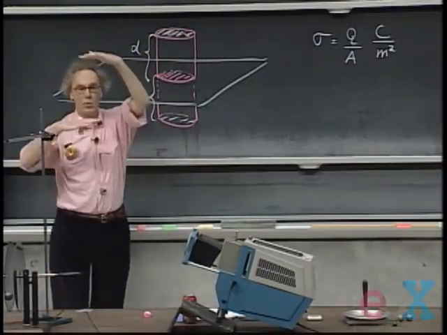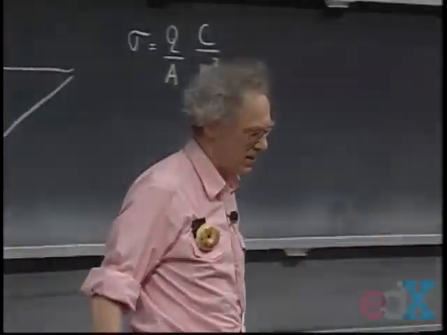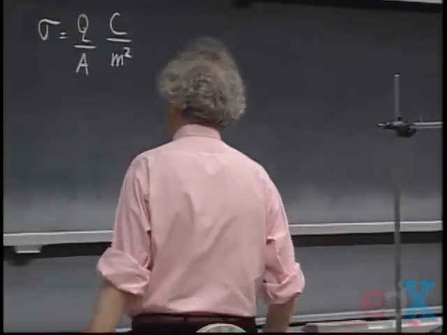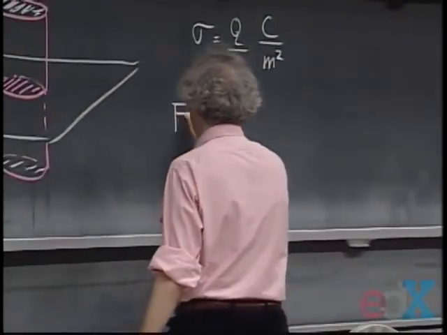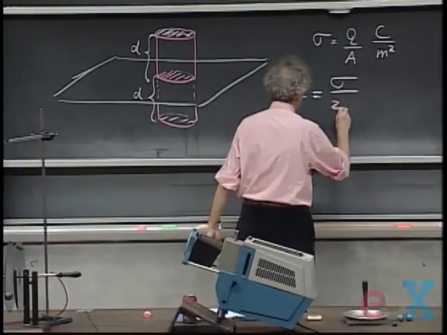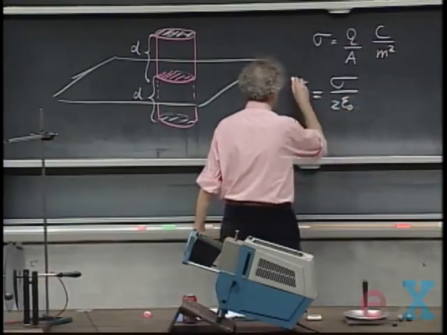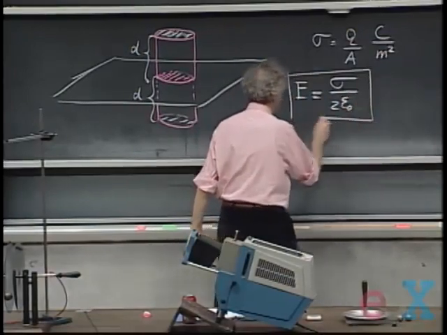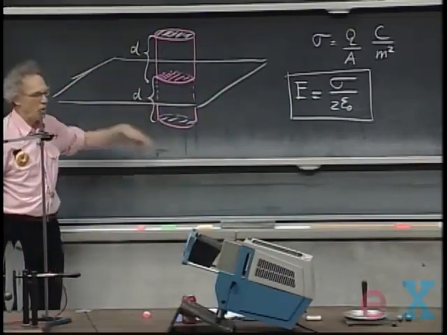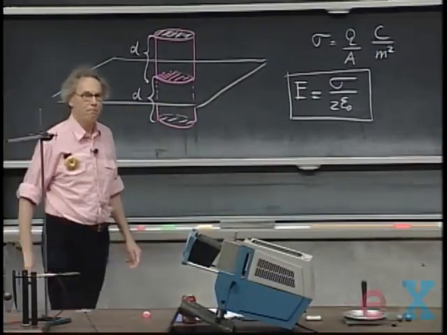And so you only have 2 contributions from those 2 end plates. You'll work on that, and you will find, perhaps to your amazement, that the electric field equals sigma divided by 2 epsilon 0, and that it is independent of how far you are from that plane. Whether you're very far away or whether you're close, it's the same.